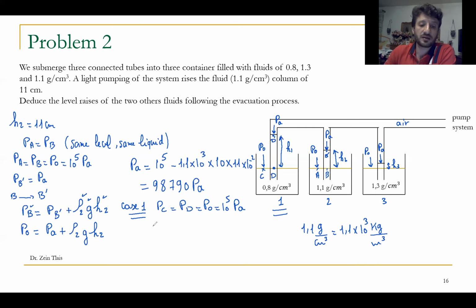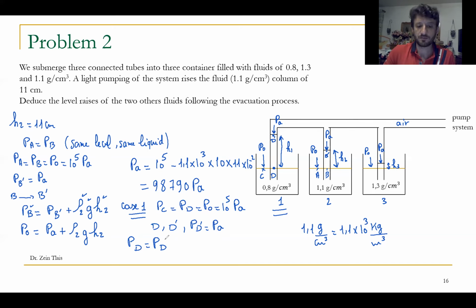Now we can take D and D prime. We can say PD equals PD prime. You know, here PD prime equals PA. We have PA inside, which we calculated already.